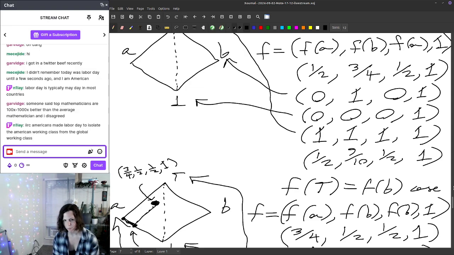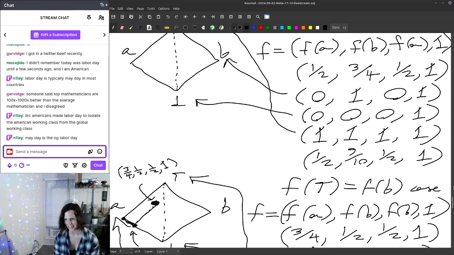Oh yeah, I'm sure that sounds 100% American, that the American working class should be separated from the working class in the rest of the world. That sounds like something that Americans would come up with. Okay. Oh, so it was in May, probably, then.